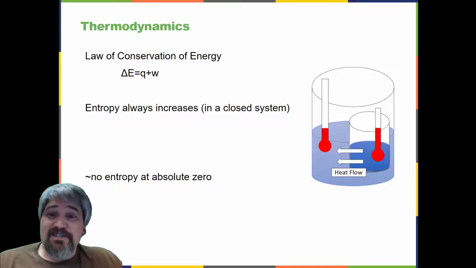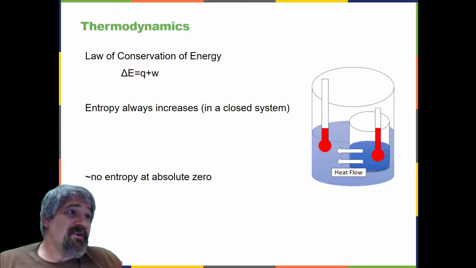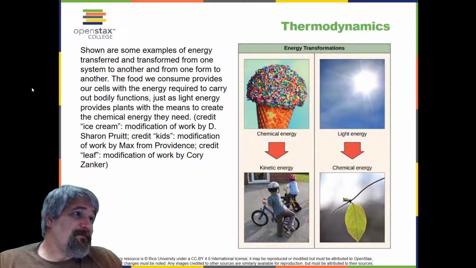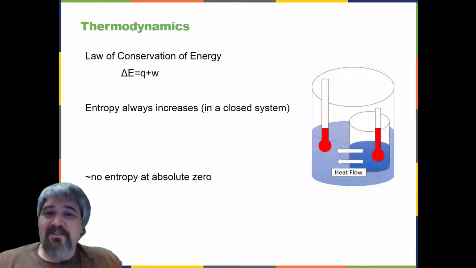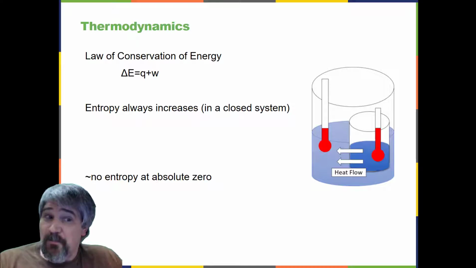Some examples of energy transfers are shown in this figure. So with the ice cream, you're converting chemical energy to kinetic energy, and then light energy is converted to chemical energy.